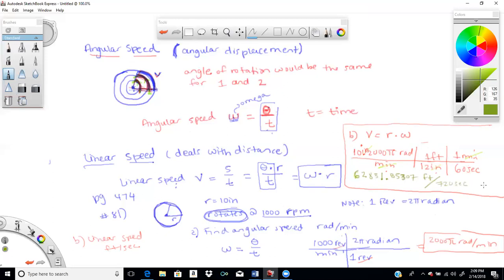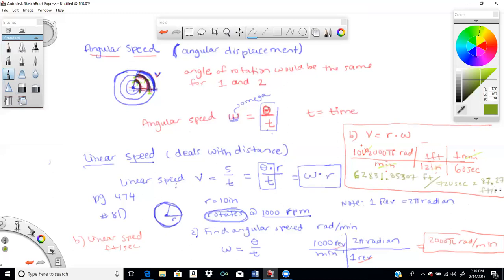So now let's do 62831.85307 divided by 720 to see what we get. You should get 87.27 feet per second.